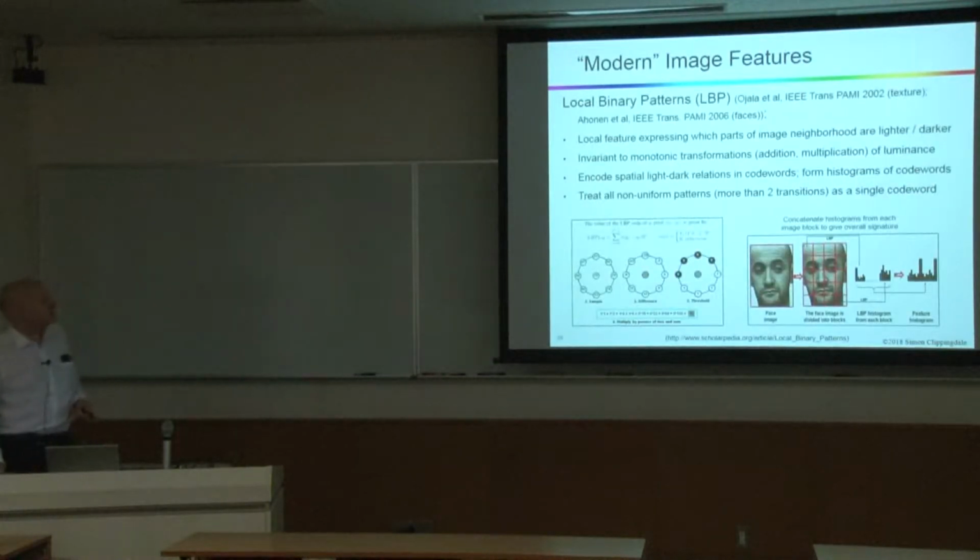Another feature used in face recognition and object recognition systems is a thing called local binary pattern. That's a local feature which expresses which parts of some image neighborhood are lighter and darker than others.